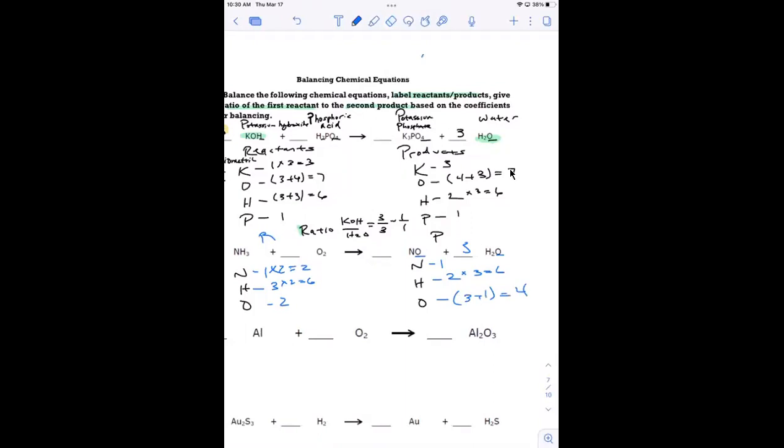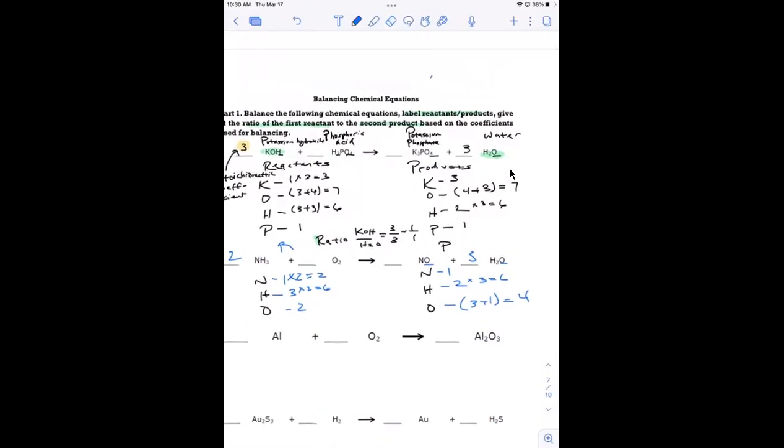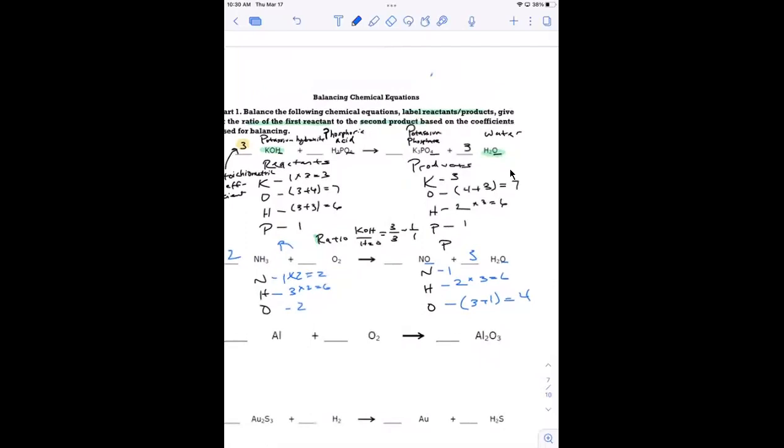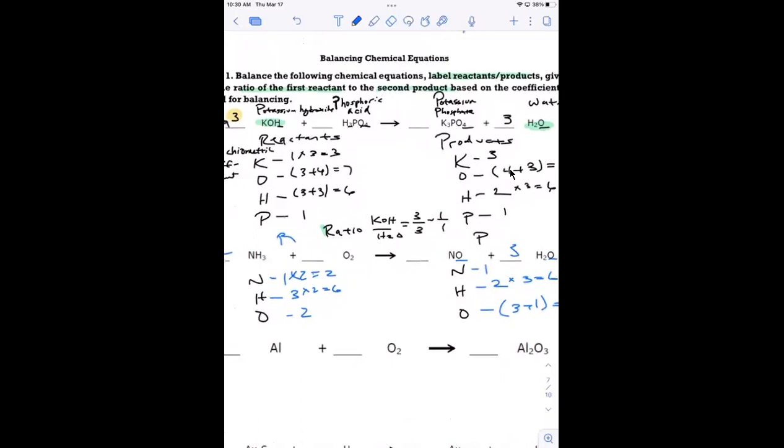All right, so how do we balance nitrogen? What do we need to do? If we got 2 on the left side, we need to try to get 2 on the right side. Is that right?